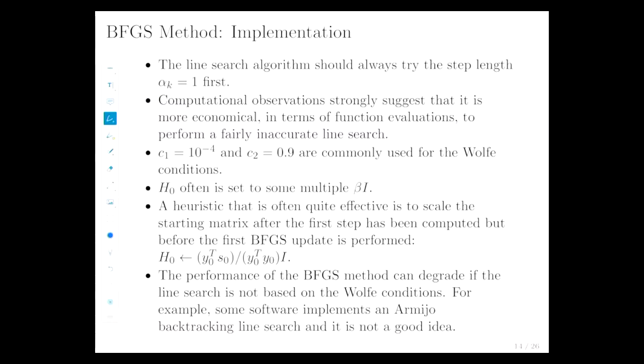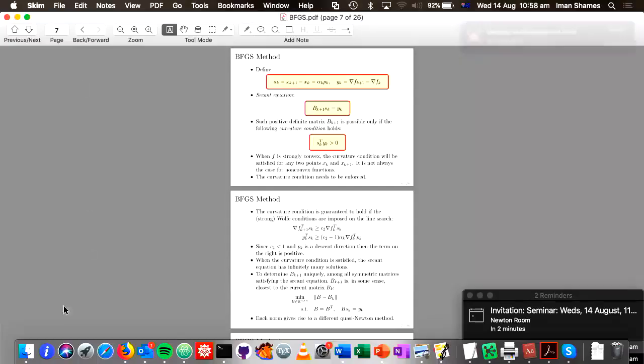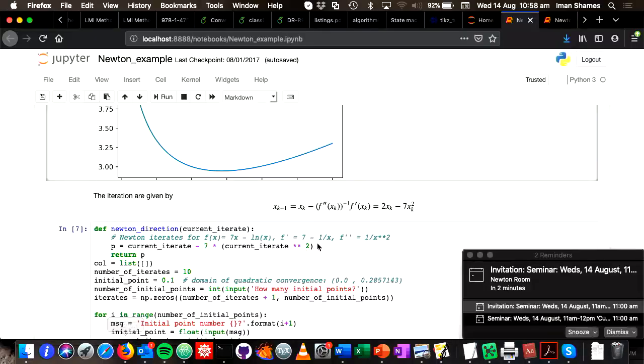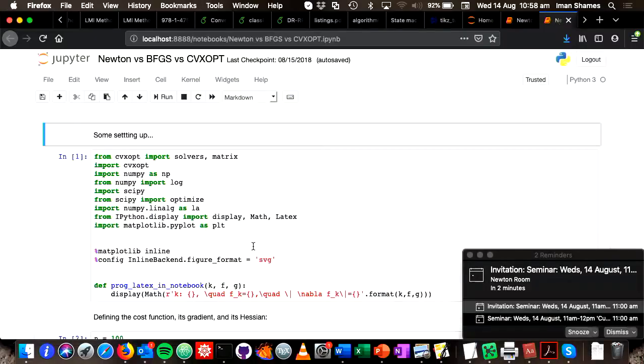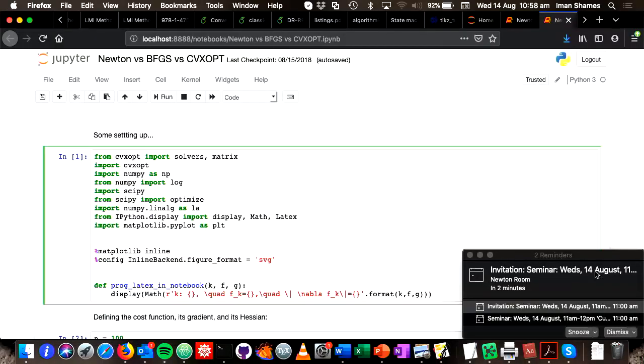Now let me show you some numerical behavior. Hopefully it won't crash. Sometimes it does. Okay.